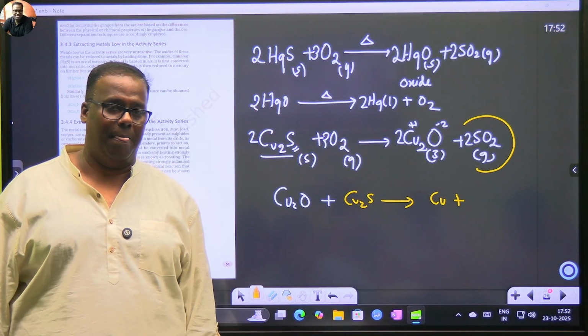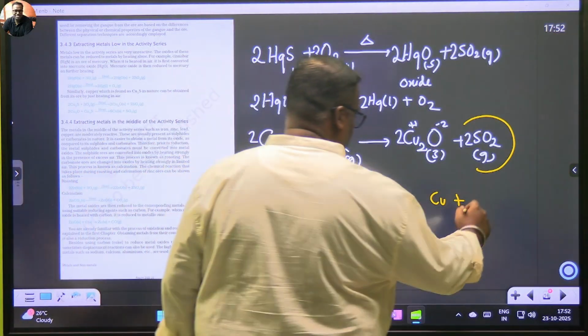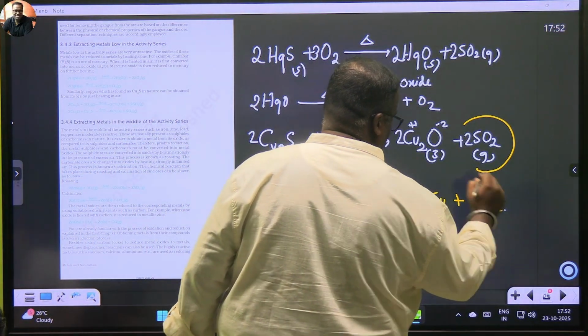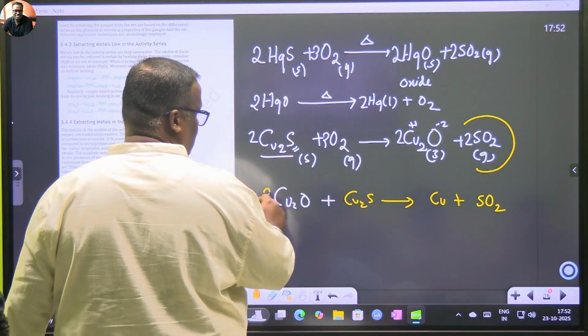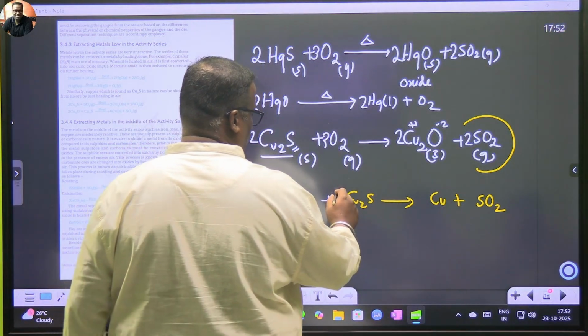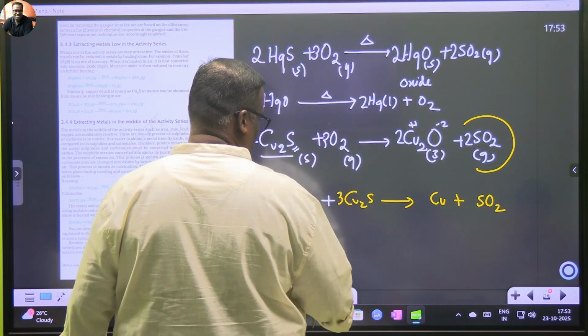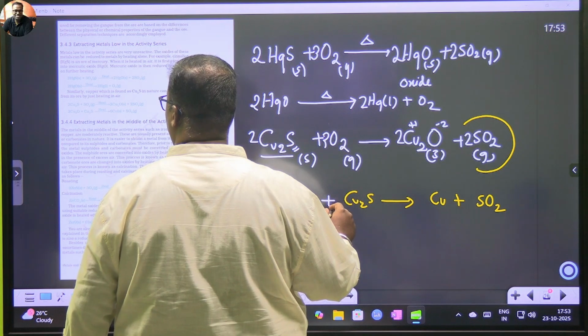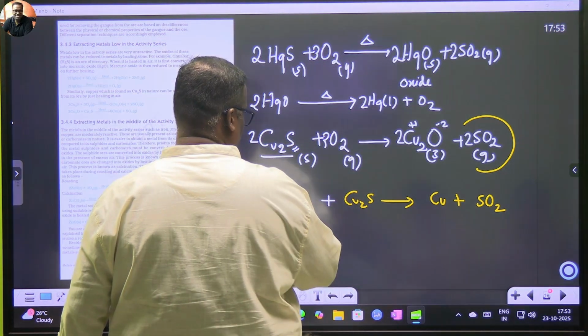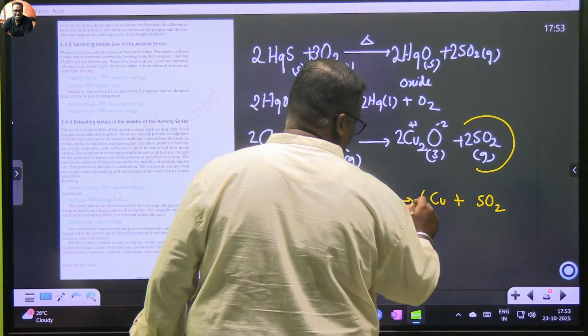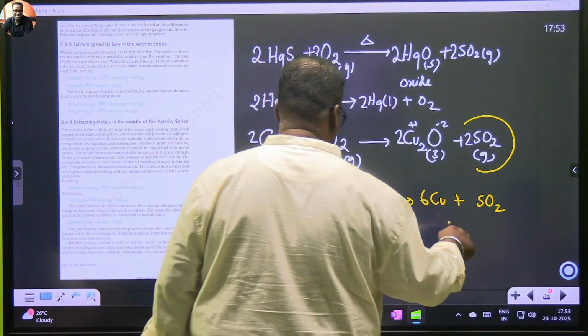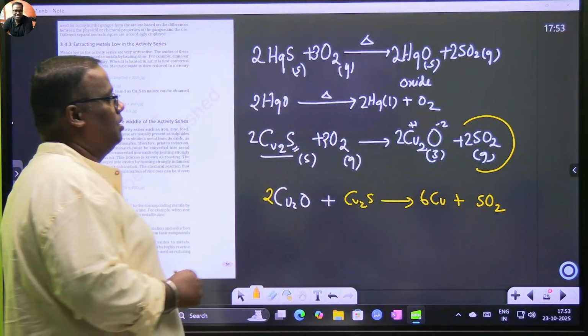Copper plus, again you will get SO2. So ये balancing है. 2 CuS, 2, 4, 2, 6, हाँ 6 हो जाएगा यहाँ पे. और सल्फर 2, ऑक्सीजन 2, yes.